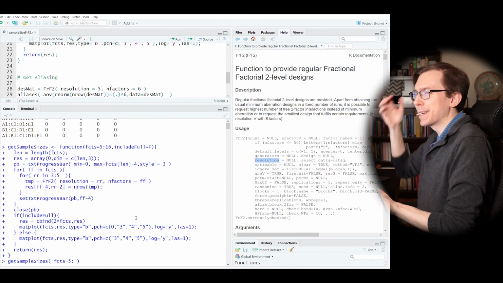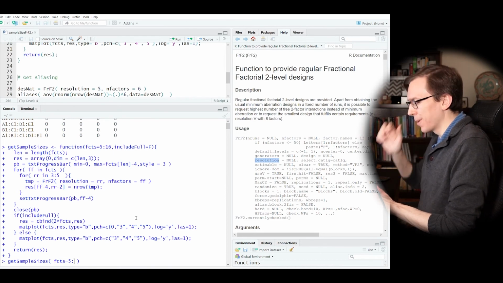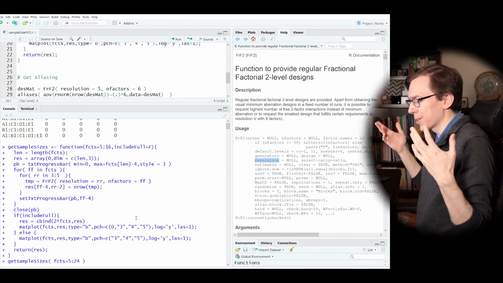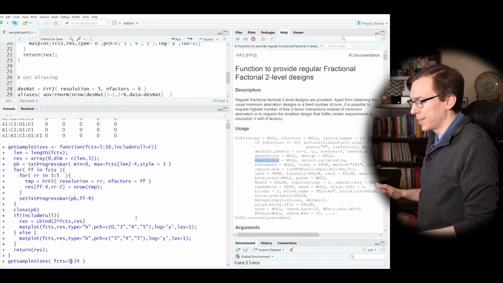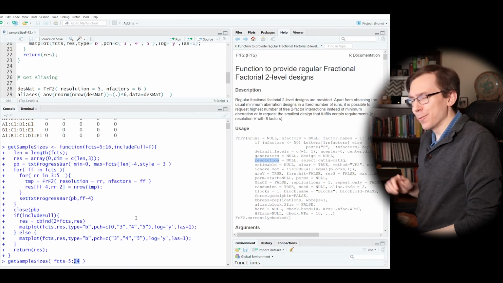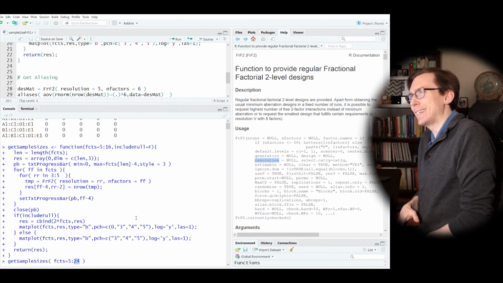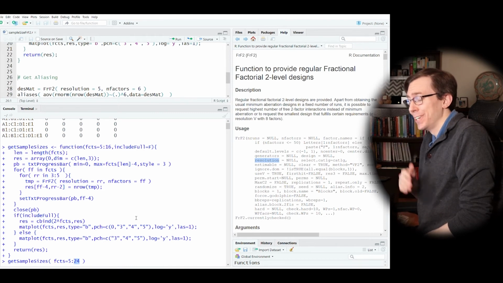I'm going to start at 5 because if we go under 5, it becomes kind of boring. But we can go from 5 to, let's say, 24. So I might want to do a 2 to the 5 design. I don't want to do a 2 to the 24 design because 2 to the 20 is a million-ish.